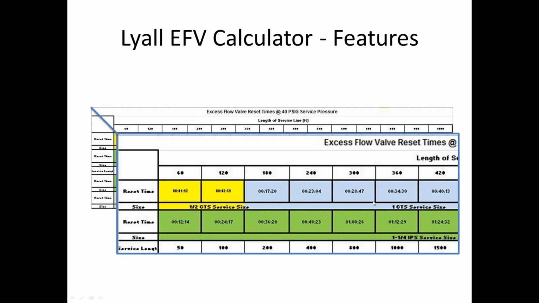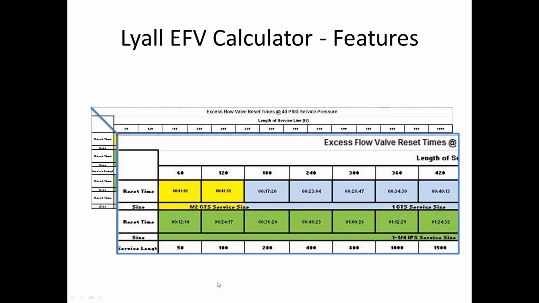So these tables can be very, very useful, and again, this is just one example. Whatever your conditions are, you can build these tables for your conditions and then give that guidance to your crews.